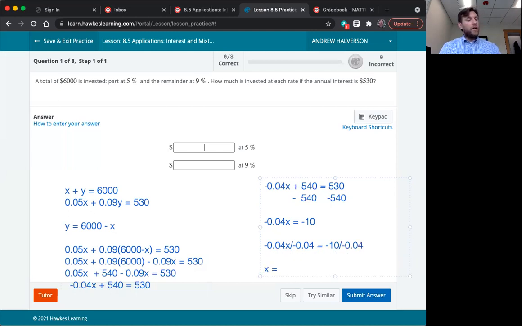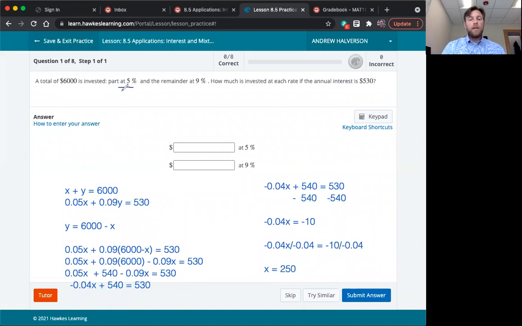So do your division now. I have to break out my calculator. You should be using a calculator too, by the way, if you're not already. Oops. So I get 250. Okay, so that's how much is invested in... remember what we labeled things as. X is the amount that is invested in the 5%.